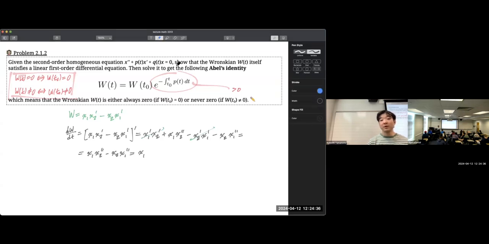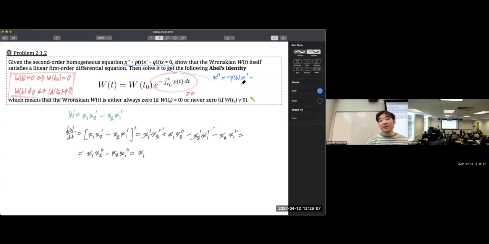Okay, I'll just note here we have a homogeneous equation, and this p is actually greater than 0. But I want to point out here that from this homogeneous equation, I'll just rewrite this as x double prime is equal to negative p(t) x prime minus q(t) x.